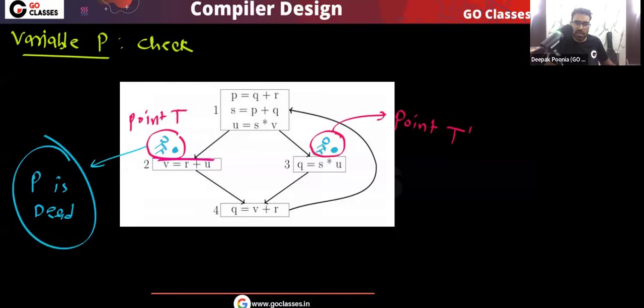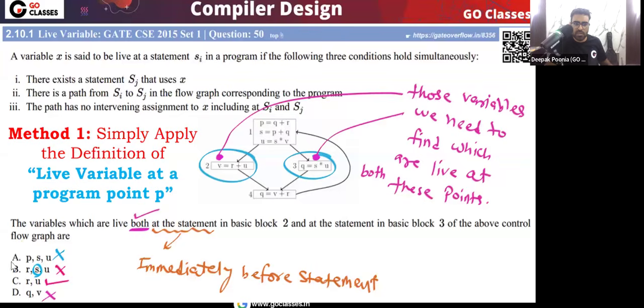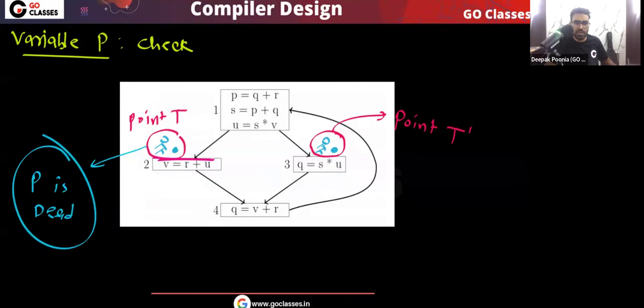So you can notice that any option containing P will be eliminated. So option A will be eliminated. Very simple. I hope you understood. So we have checked for P at point T. What about point T dash? When I start from T dash, is there any path where this variable P will be used before it is defined? So you can see that when I start from here, first this instruction will be executed.